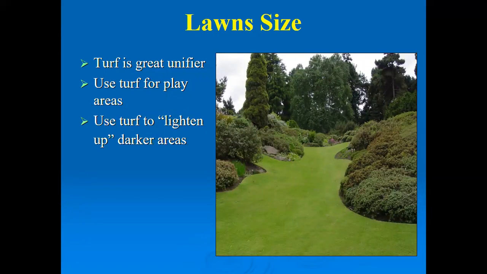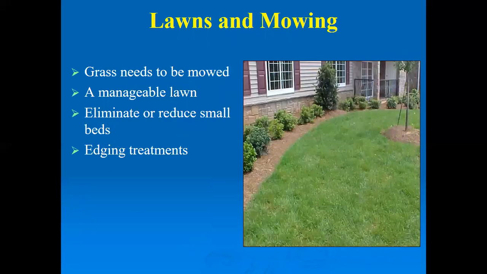Again, we'll talk about turf as a great unifier for play areas, used to lighten up darker areas. There are a lot of things about turf, but again, there's certain maintenance. And of course, this is formal. It looks like a golf course, maybe more. Remember, grass needs to be mowed, edged in a lot of cases.